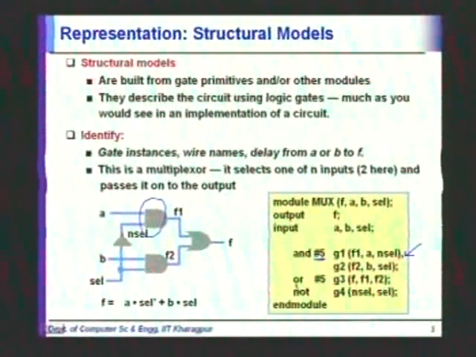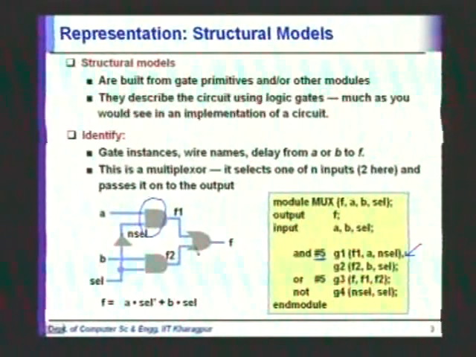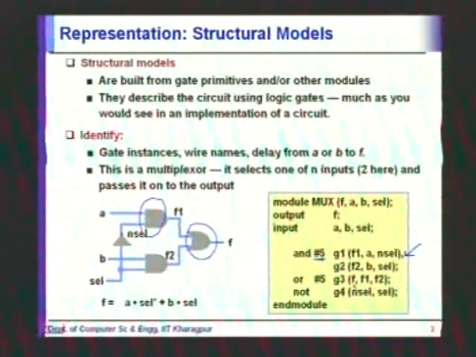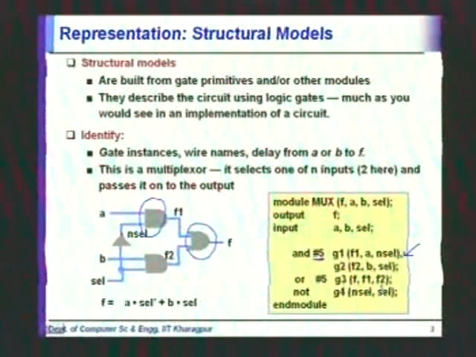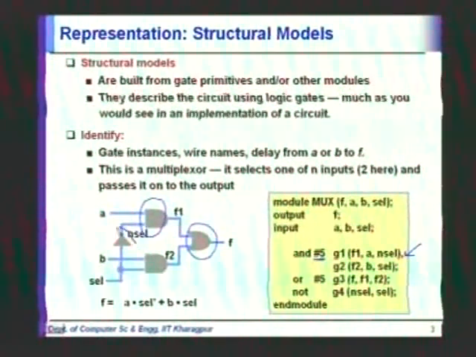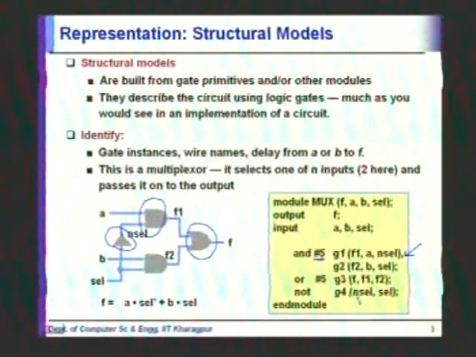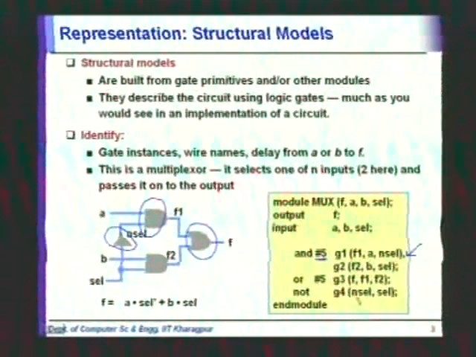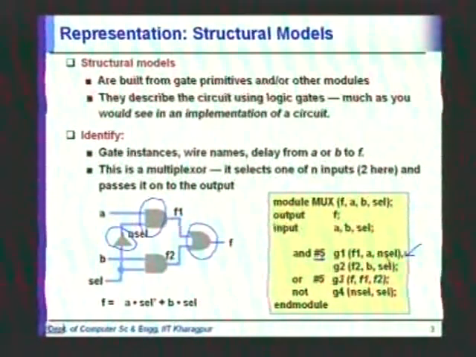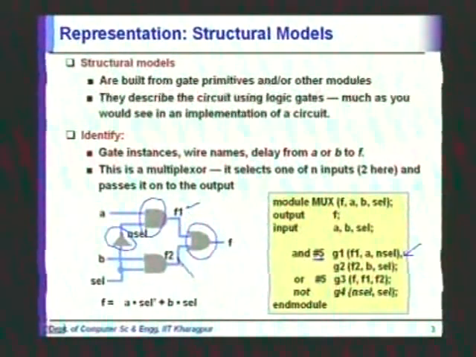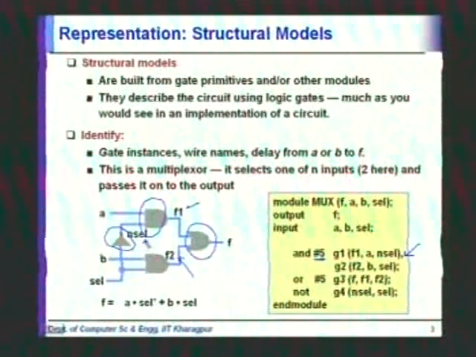Then we have this OR gate, which has output F and inputs F1 and F2. And then we have this NOT gate, whose input is ACL and the output is NACL.